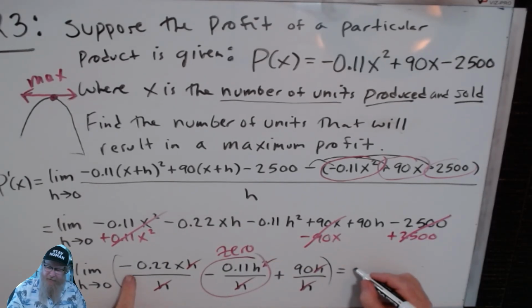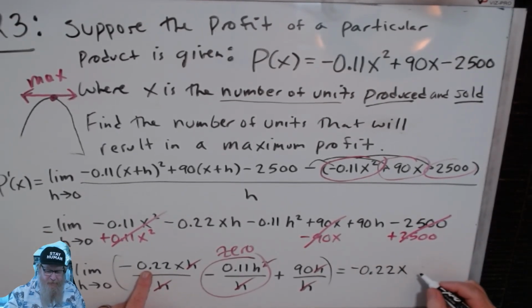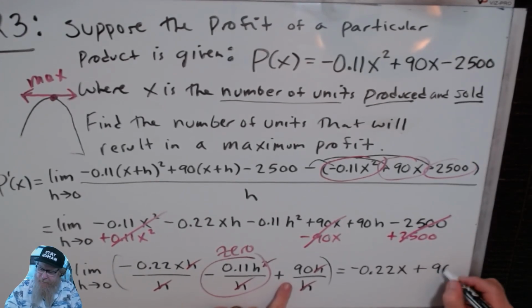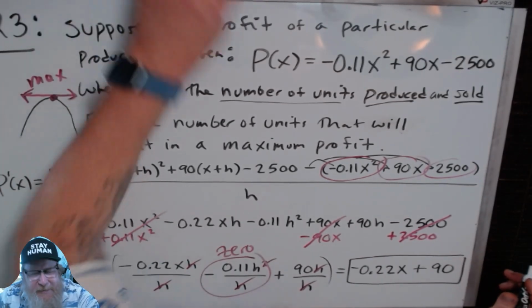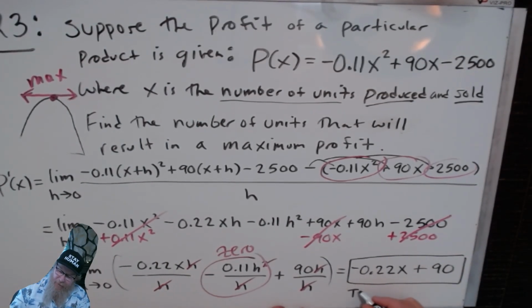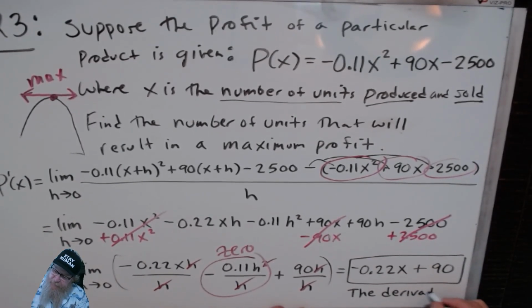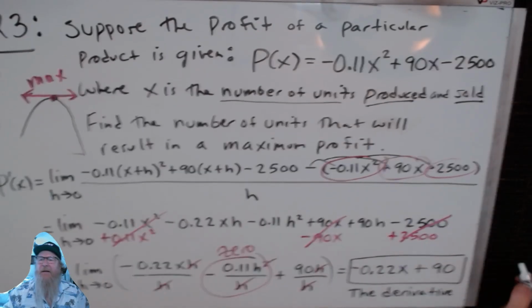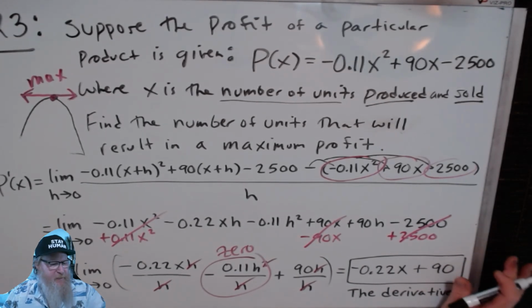So I just get the leading x, negative 0.22x, and then the constant plus 90. Now, this doesn't tell me the answer. I probably shouldn't be boxing this yet, but I'm boxing it just for your notes. This is the derivative. It's the derivative of profit. So this is P prime of X.